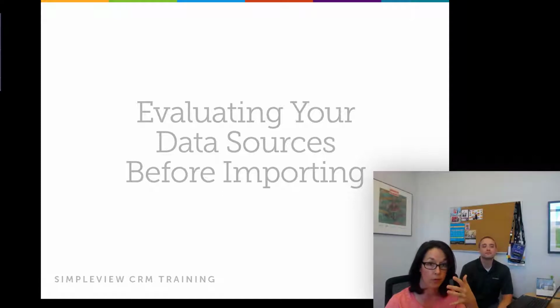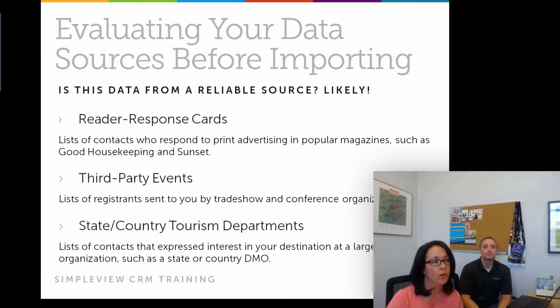But today we're focusing in on your consumer imports and the kind of data that you guys will be pulling in. So the very first thing that we wanted to look at is the data. Where are you getting it from? What are you going to be using it for later on? A good example of a lot of the imports that our clients are doing is reader responses. So let's say, for instance, you've got Texas Monthly and you receive a spreadsheet each month saying that you've got a list of 1,000 people who are interested in your area.